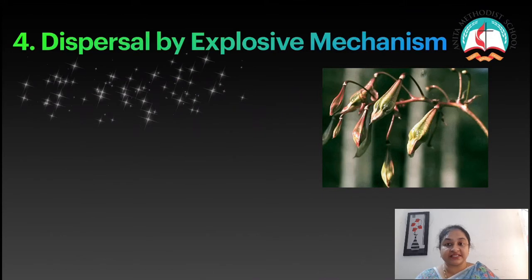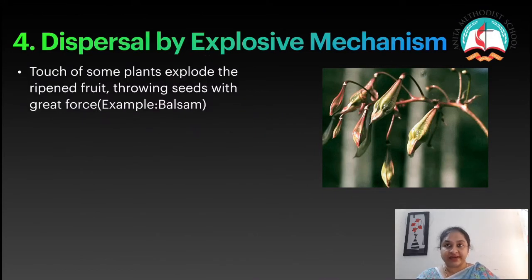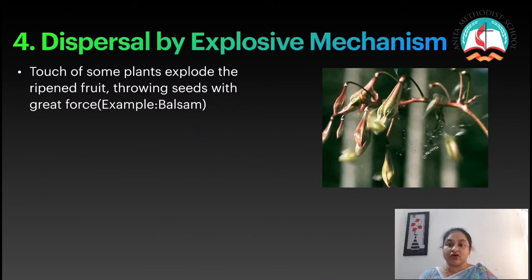Fourthly, it is dispersal by explosive mechanism, which is also called autochory. What is autochory? When we touch some plants, they explode. The ripened fruit explodes, throwing the seeds with great force, as we see in balsam.